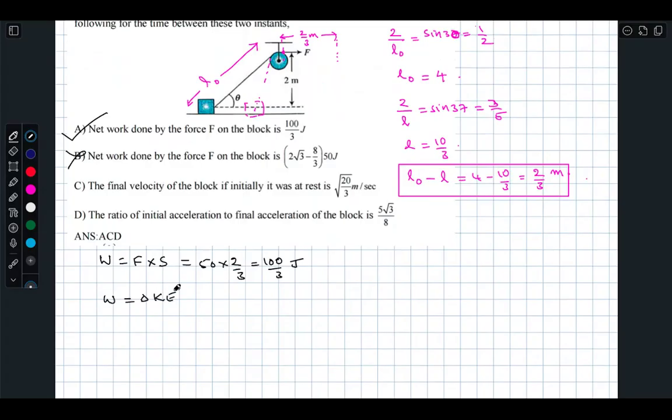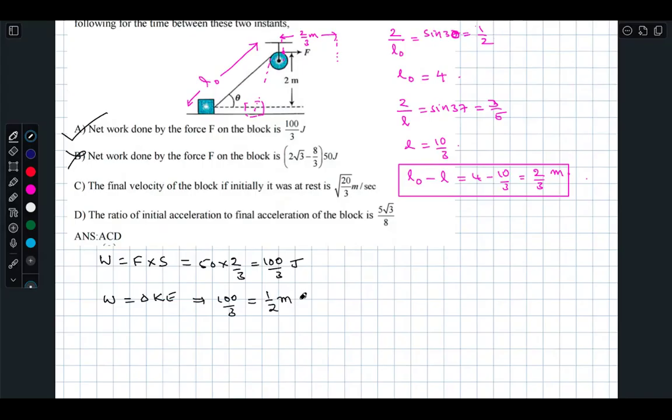Whether you apply force F here, the same force F acts over here. These are internal forces. This will be the only external force. So 100 by 3 is equal to change in kinetic energy.